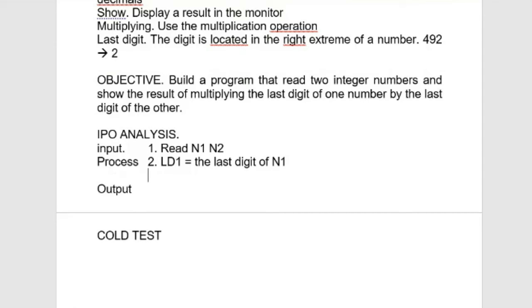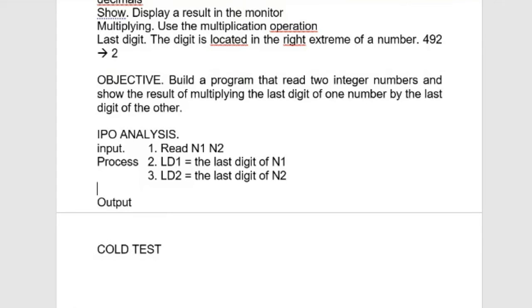Step number 3, LD2 is equal to the last digit of N2. Right? Step number 4, you have to multiply. So prod is equal to LD1 by LD2.